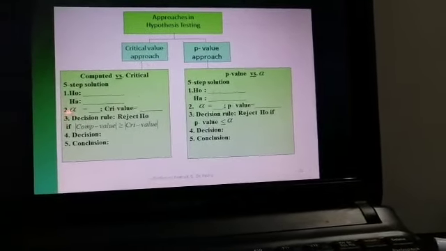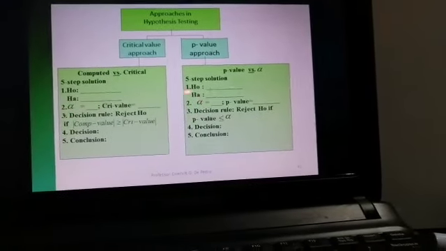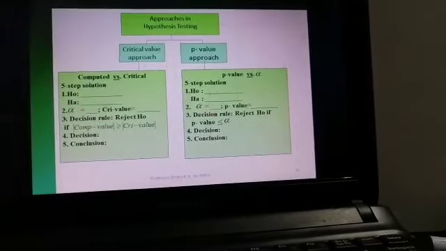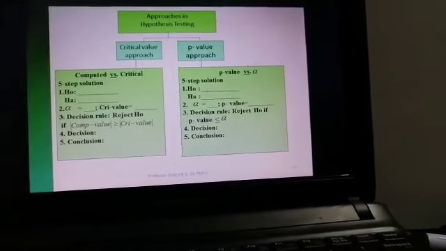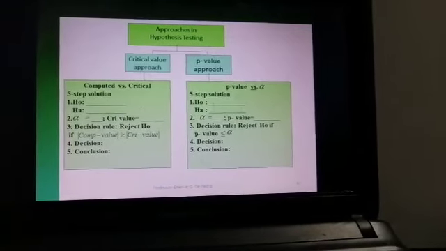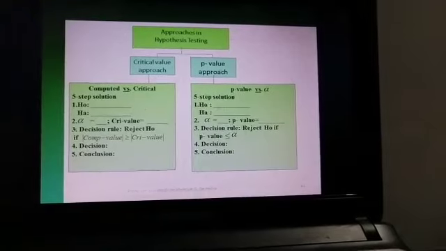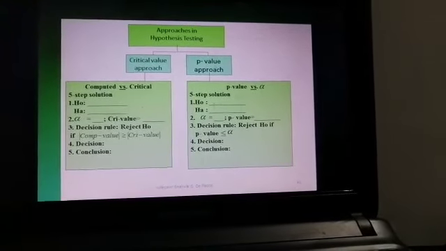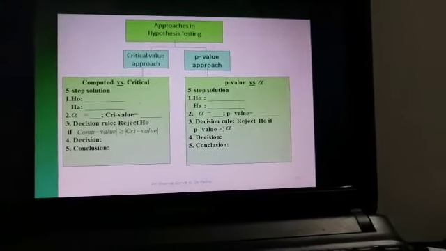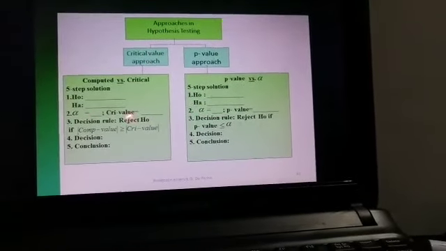And then on the second step, for both approaches, you have to select the most appropriate level of significance. So I already taught you how to decide over alpha. If it's not given in the problem, then you have to use 0.05. What's the difference between the two approaches when it comes to the second step?